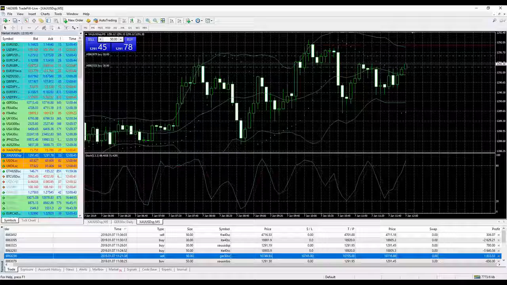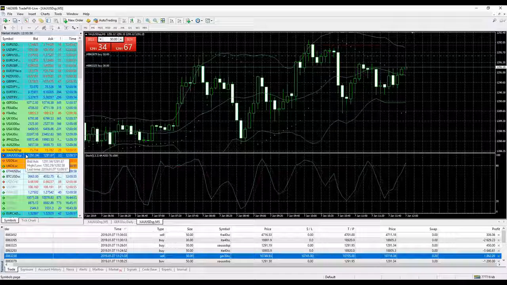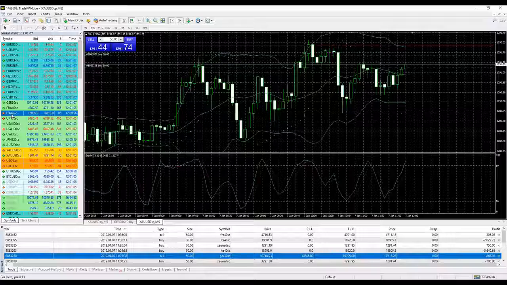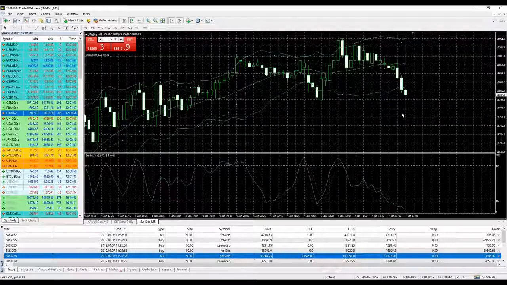On DAX, we are making $1,800. On France 40, we are making $300. So market moves, and this is what we like. Let's give it a bit more time to develop, and then we decide what we will do, also for Italy 40.